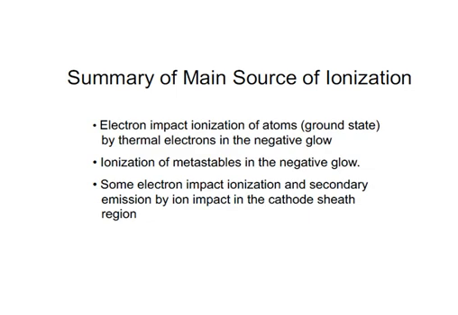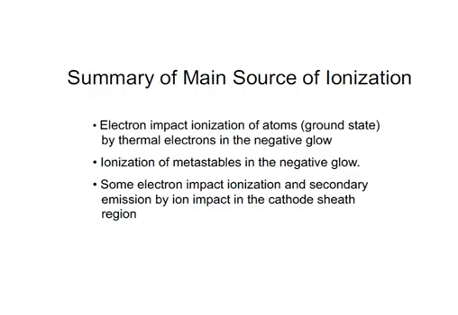Also in the negative glow, the two-step ionization process contributes about 1% of these electron and ion pairs. And some electron impact ionization and secondary electron emission by the ion bombardment on a cathode surface.